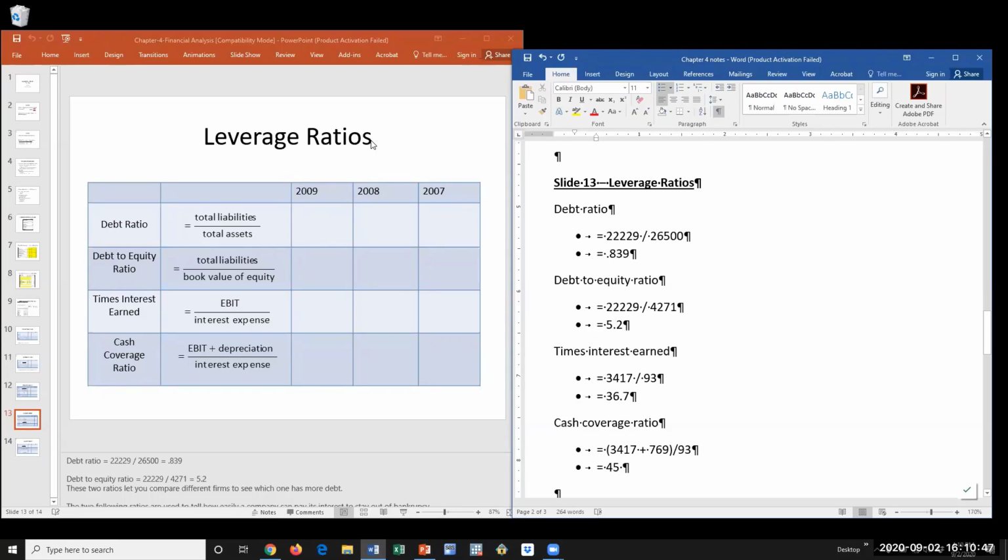And so who would use this would be banks, if they're looking at giving a loan to a company. They would run these ratios, and they're looking to make sure that all these ratios are in a safe area. It's just like if a doctor's running tests on you, they're looking for certain values in a certain area that mean you're healthy.